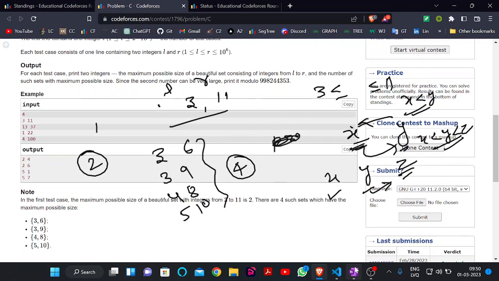So let's understand it with, like, if an L and R are given to us. We want to maximize the size of our beautiful set. For that we can multiply by only 2, because if we multiply by 3 and 4 and more numbers, then that will come closer to R, and from that we cannot get our maximum length, so we only multiply by 2.